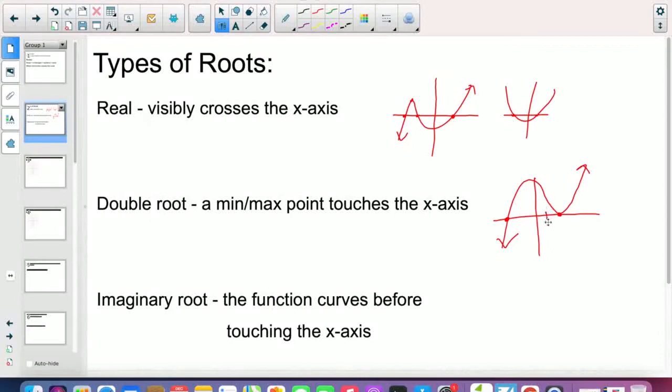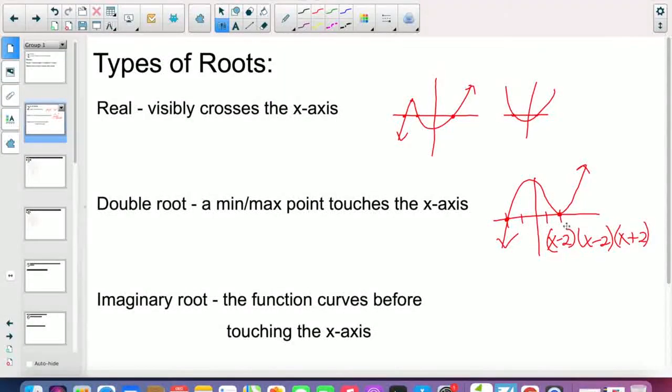So let's just say that that happened at the number 2. That means we would have a double root at 2. So x minus 2 and x minus 2 would be two of the factors of the polynomial equation that this will produce. Let's say this one, I'll just say that that's at -2. So the third factor there would be x plus 2.